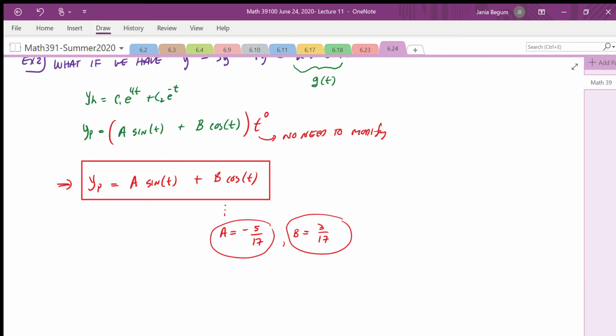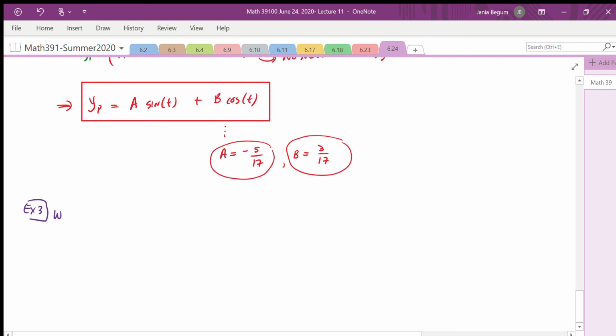Okay, so let's determine the particular solution for another example. What if we have y double prime minus 3y prime minus 4y equals, and again, I'm going to switch around my g of t, negative 8 e to the t cosine of 2t.